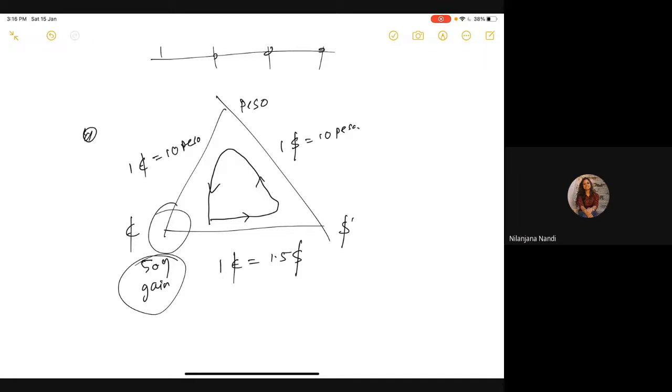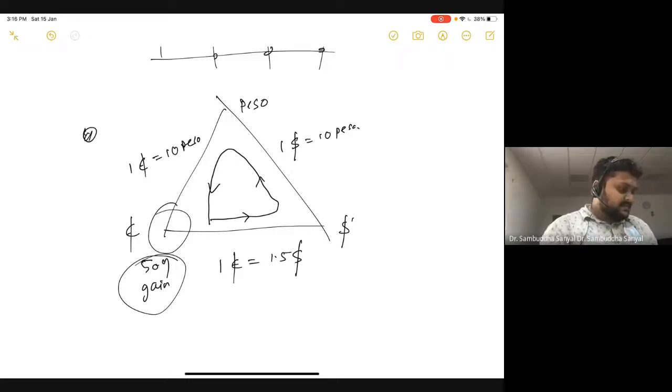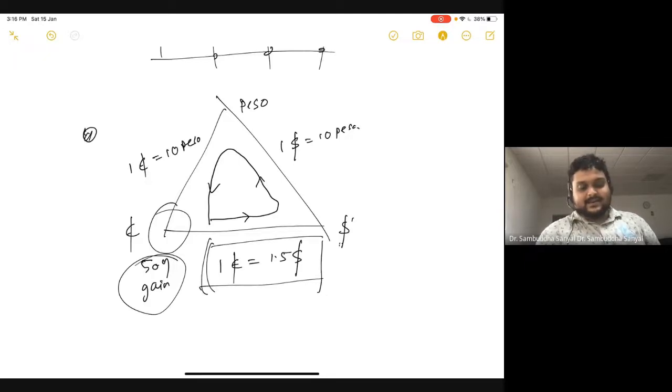Sir, can you please repeat the last thing you said before, saying that there will be 50% gain? Yes. So the question is, is it possible? This circuit means you gain 50%. If you start with $1, you go here, you get $1.5. This line is breaking the symmetry, right? This is 10 peso, 10 peso is 1 euro.